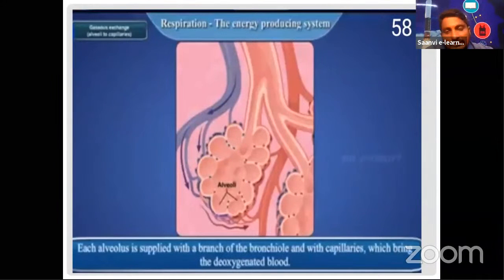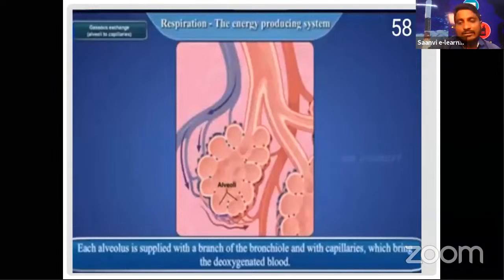Each alveolus is supplied with a branch of bronchiole and with blood capillaries, which bring the deoxygenated blood.